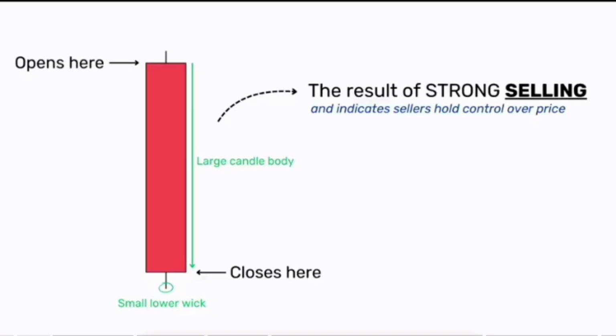It indicates that sellers, at this point in time, hold control over price in the market. So these strength candles always need to have small wicks and large candle bodies, because what we're seeing here is an uninterrupted phase of buying or selling where the resistance from buyers or sellers against the trend simply wasn't strong enough to slow the market down.